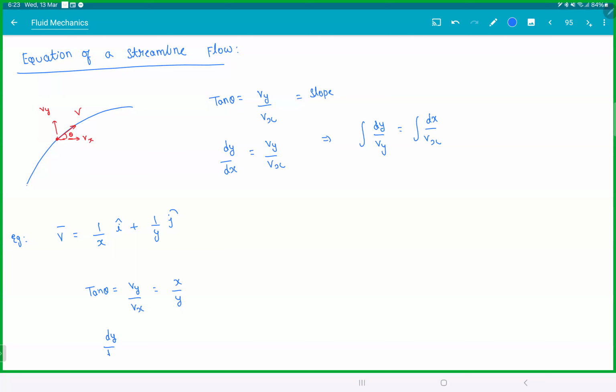So dy by dx is x by y. This will be y dy is equal to x dx. Integrate on both sides: y square by 2 is equal to x square by 2 plus constant. So this turns out to be y square minus x square is a constant. This is a hyperbola.